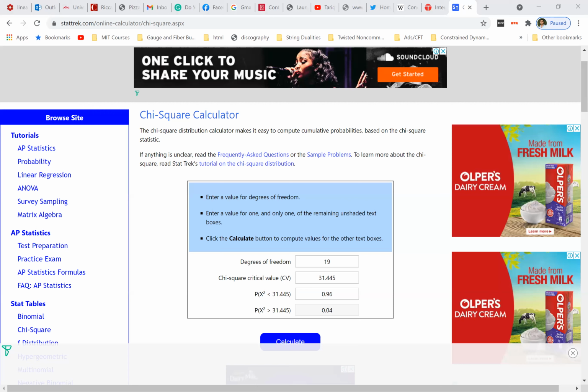So how will you do it? Well, you can go to SPSS and do these computations.